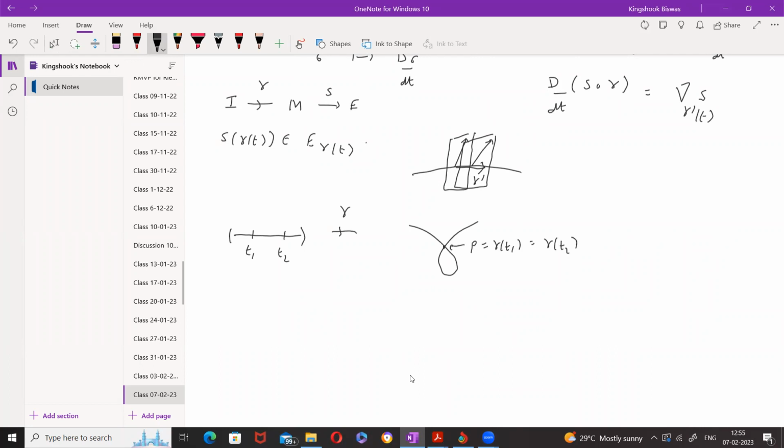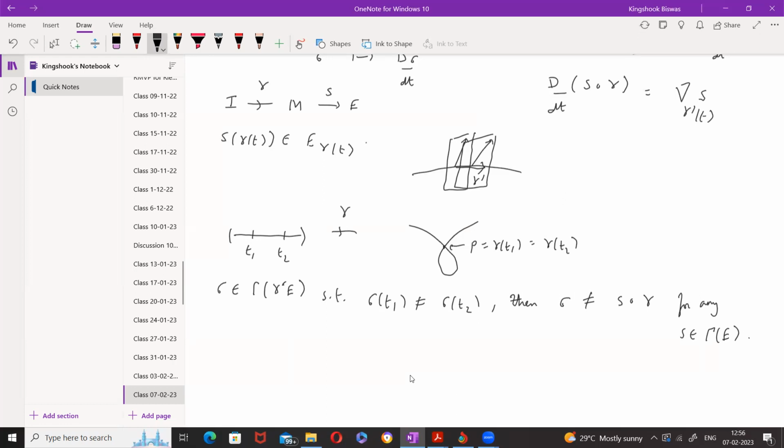Okay. If I take a section sigma along gamma such that sigma of t1 is not equal to sigma of t2, right? Then we cannot write sigma in the form S composed with gamma for any section S, right? Is that clear?